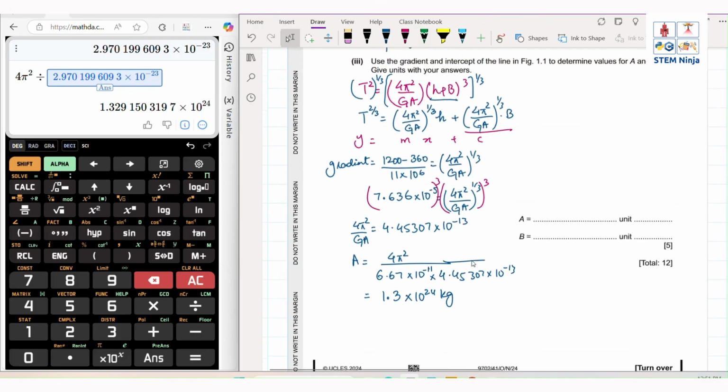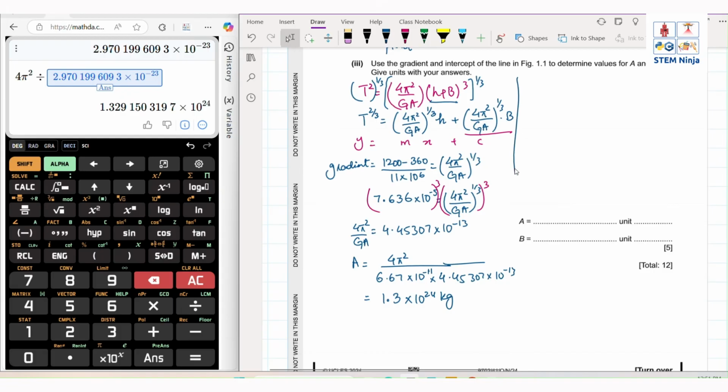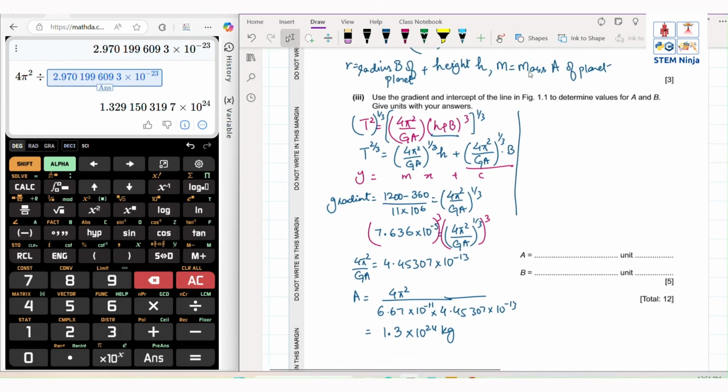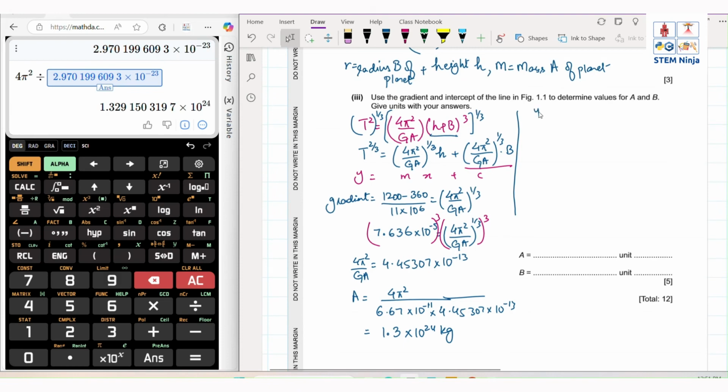Now we need to find B. For B, we need to look at the y-intercept. We already have the y-intercept, (0, 360). The y-intercept is basically just the gradient times B. So B would be the y-intercept divided by the gradient.